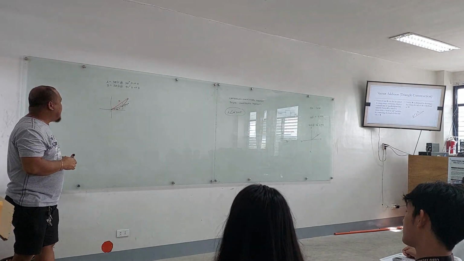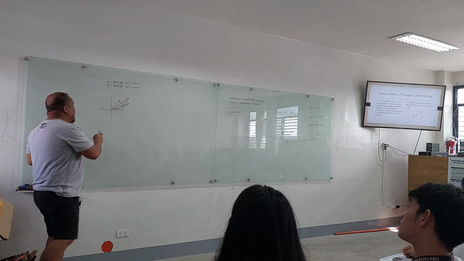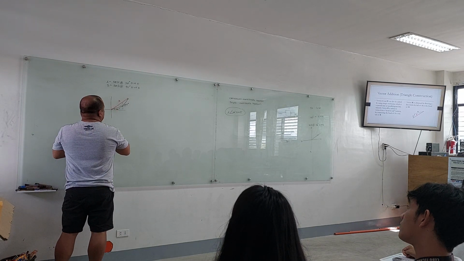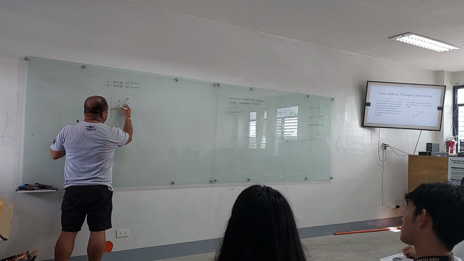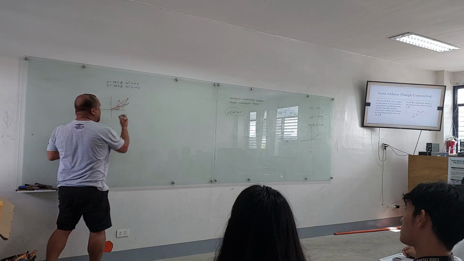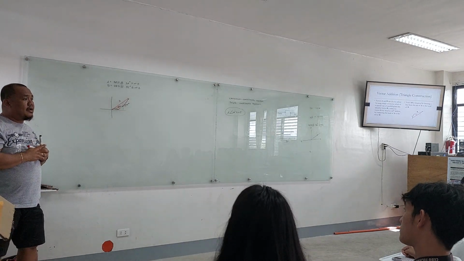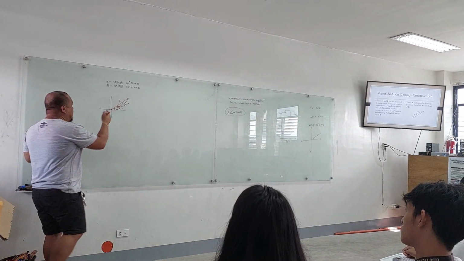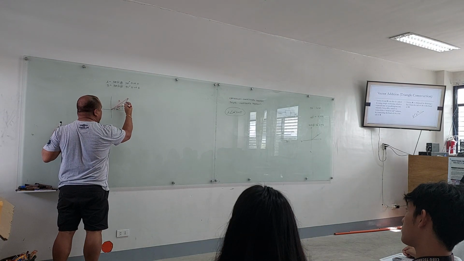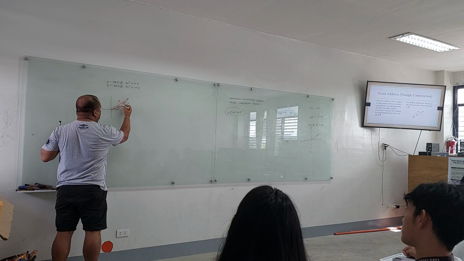If this angle is 30 degrees, it follows that this one is also 30 degrees. And if this one is 45 degrees, since this is 90, this one is 45 degrees.